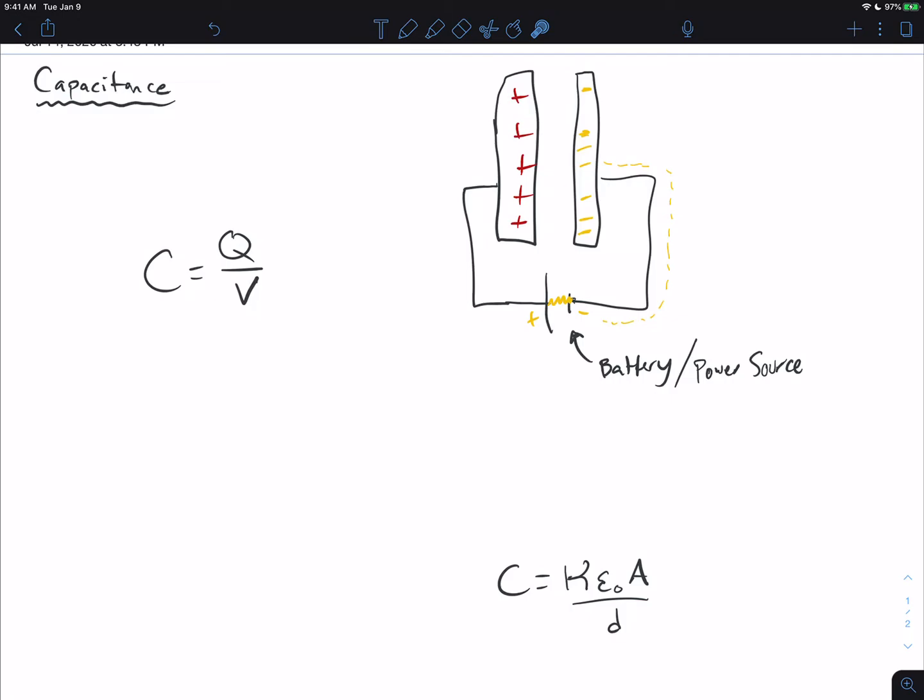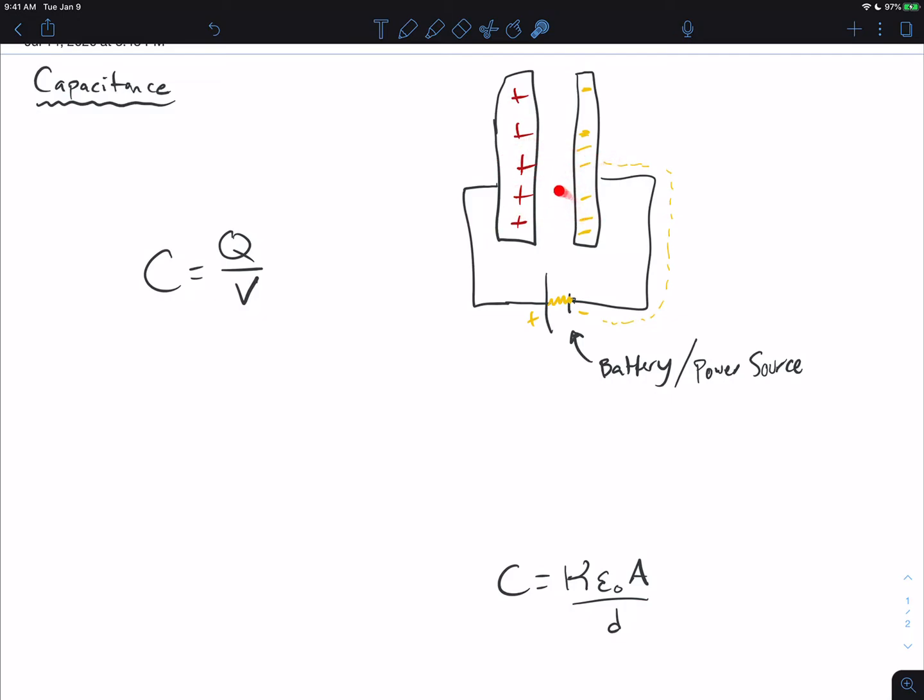This is the main function of a capacitor, to store some energy. Alternatively, the way that we can use this is I have a circuit with a capacitor in it, and I don't want any charge to flow until a certain point. There is something called a breakdown voltage of my capacitor, where if I put more voltage, these will start to hop over.